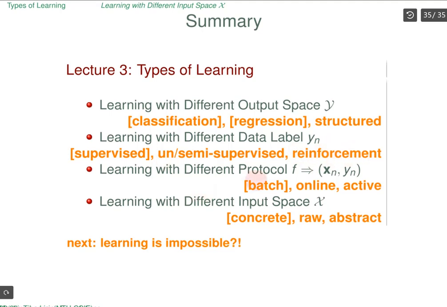We've seen different learning protocols we call batch, online, and active, and we mentioned that the batch learning protocol is widely used in machine learning. We also briefly reviewed different input spaces, different input feature types, where we mentioned that concrete features are the easiest ones to deal with, which have sophisticated physical meaning.